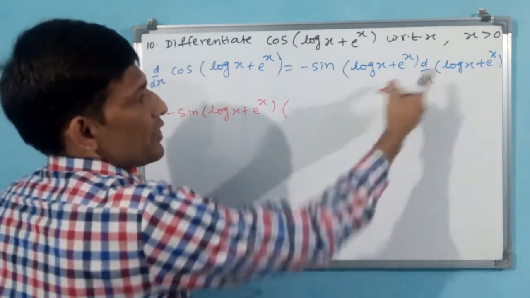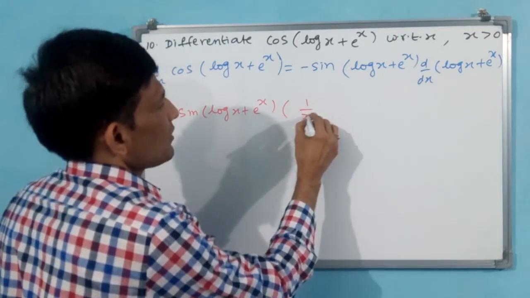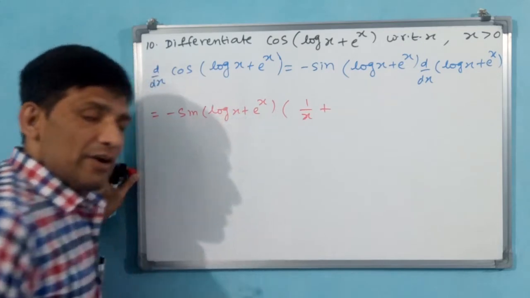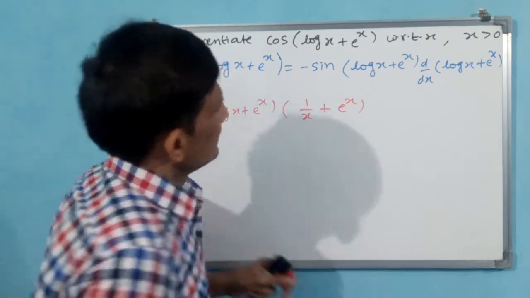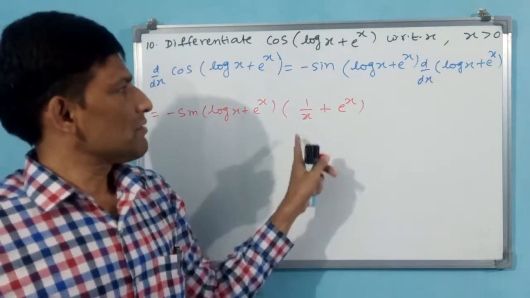You see, d by dx of log x is 1 by x, plus d by dx of e power x is e power x. Is it okay? Definitely okay.